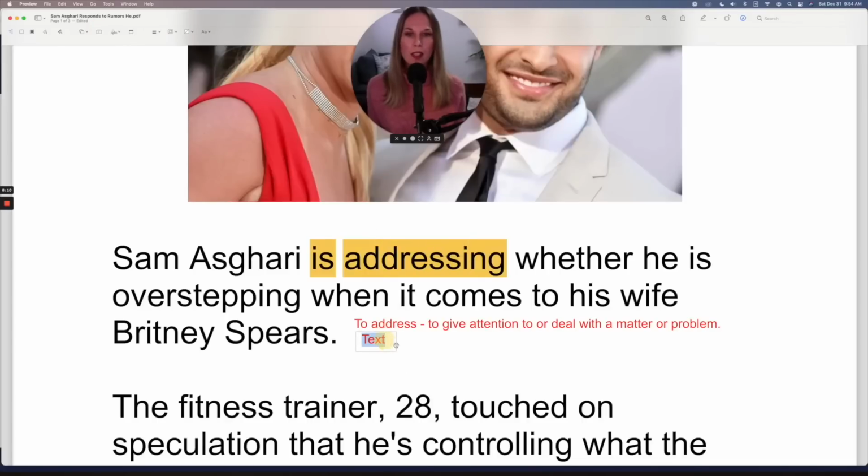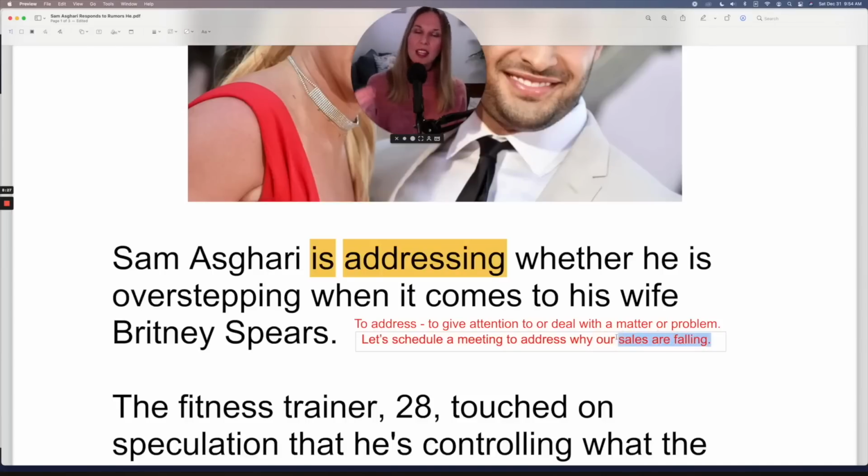In a business context, you might say, let's schedule a meeting to address why our sales are falling. So this is your problem. Sales are falling. It doesn't necessarily have to be a problem that you address, but generally it's some sort of situation that needs attention.